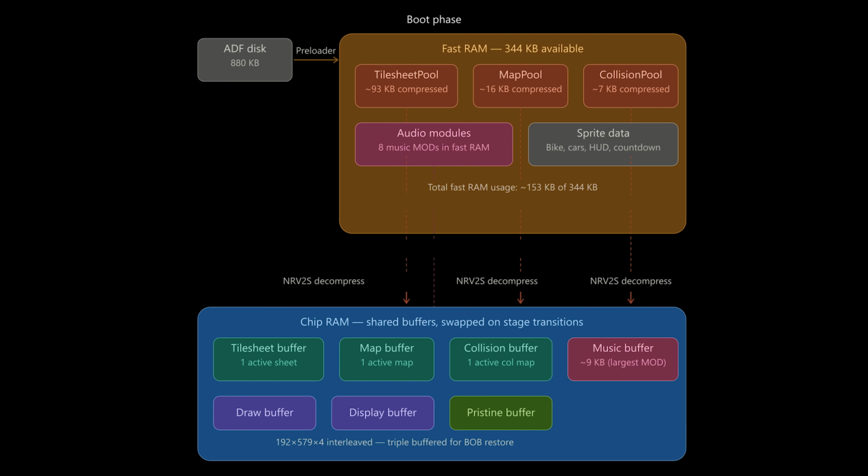What I mean by that is we move the relevant tile sheets, the tile maps, the music that needs to be played, and the stage, city horizon, and various other assets into chip memory before the stage loads. And swapping this data back and forth between chip memory and fast memory got the job done. I was able to fit the entire game with just 512K of chip memory.